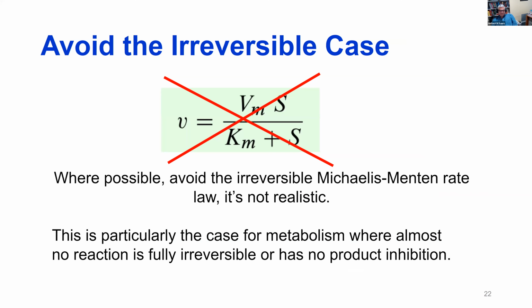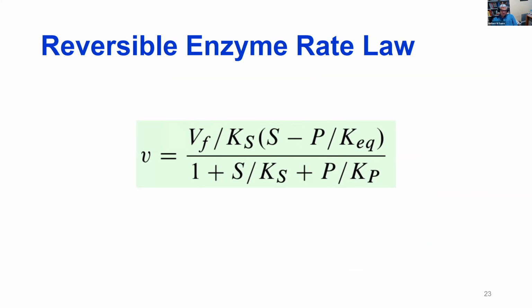If you're going to build some kind of metabolic model, sometimes you can get away with the irreversible case, if you know what's going on. But often people do the full reversible one, which is more complicated. It's got one forward Vmax, but it's got two KMs, a KM for the substrate and a KM for the product.